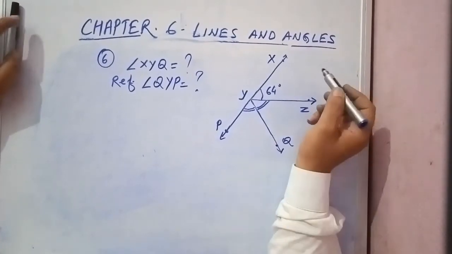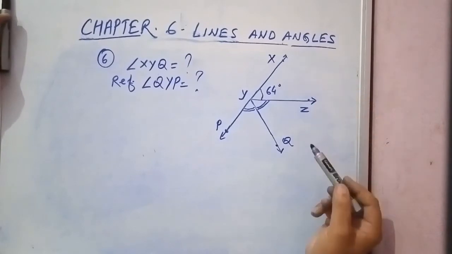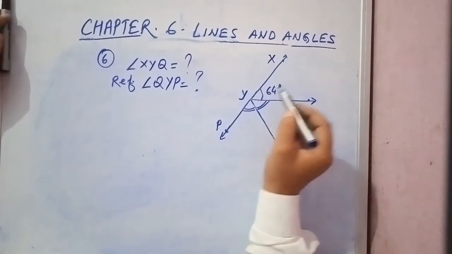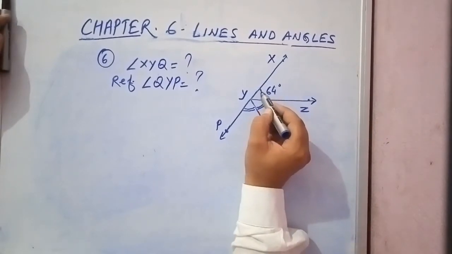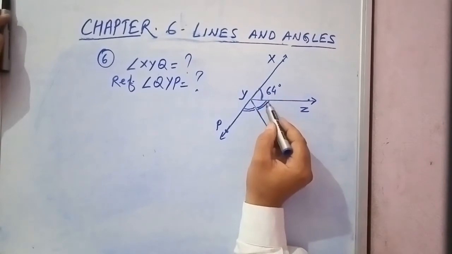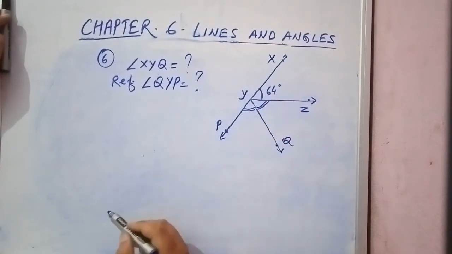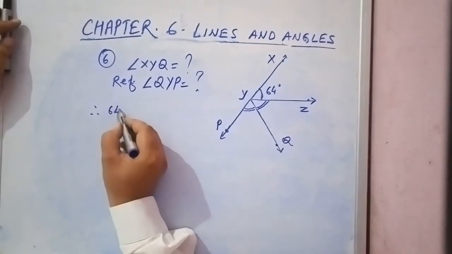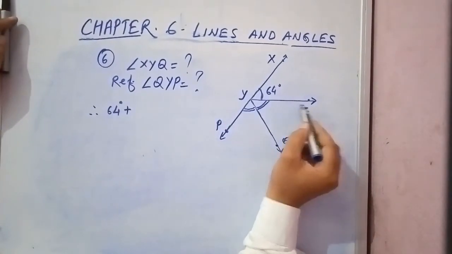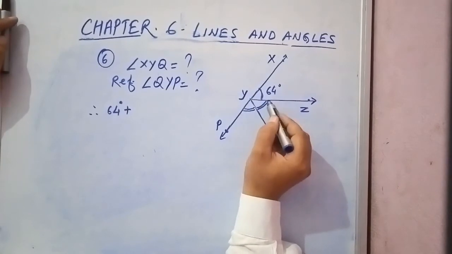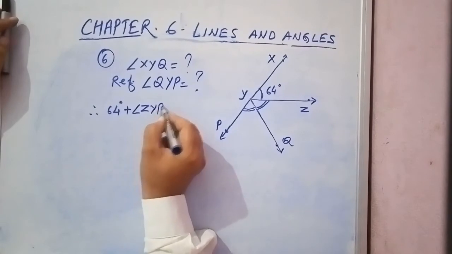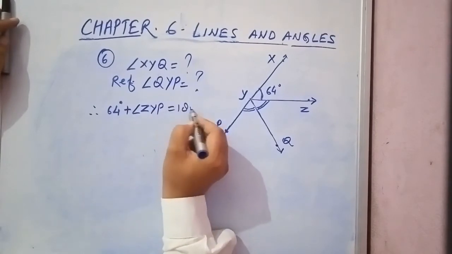So let's start the solution of this question. Since angle XYZ is 64 degrees, 64 degrees plus this complete angle ZYP form a linear pair, equal to 180.